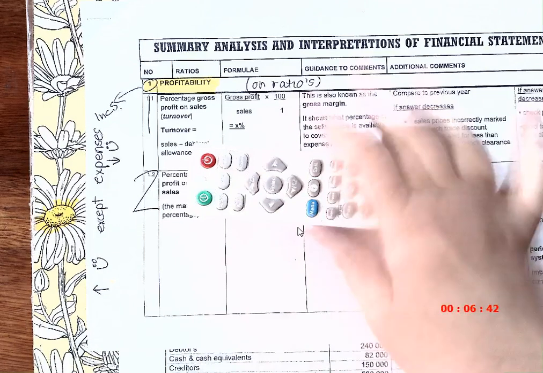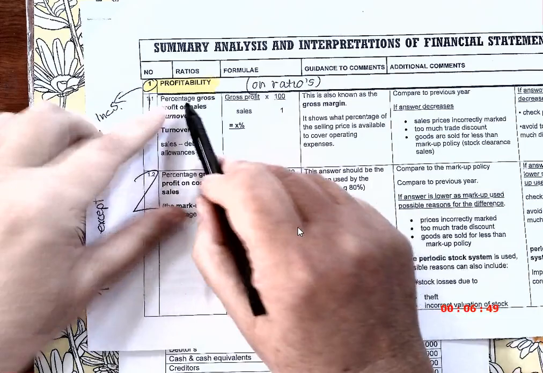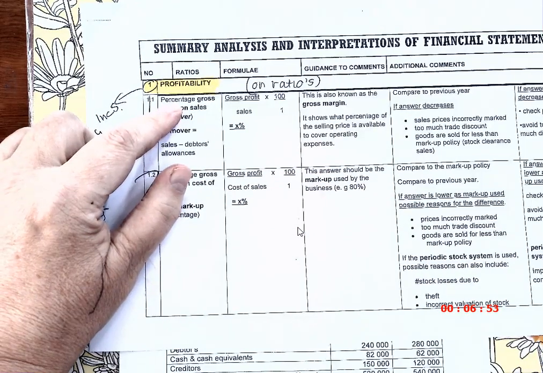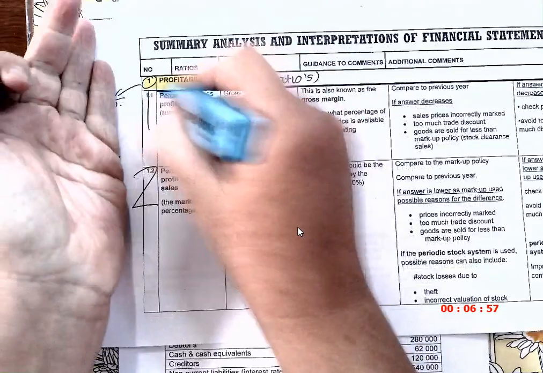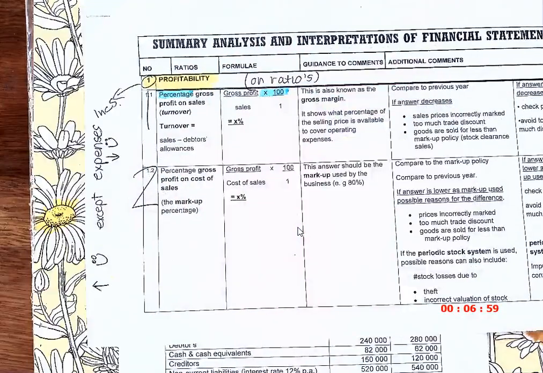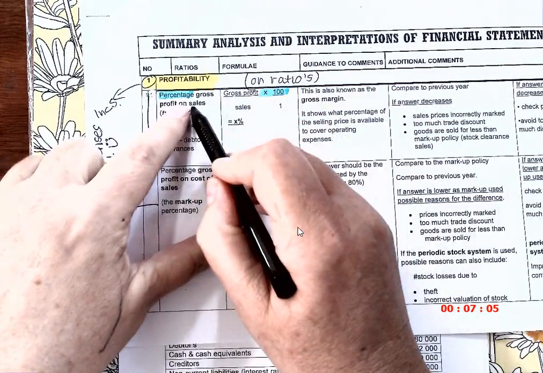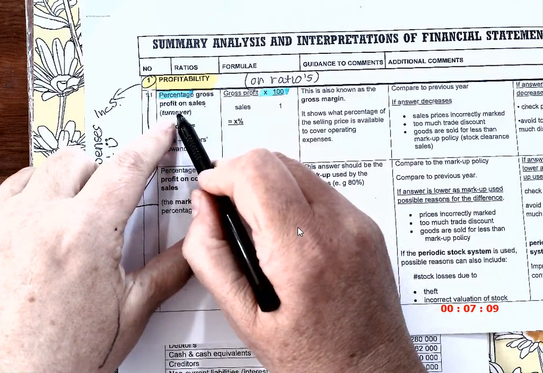So when I read this transaction, it actually tells you the ratio. It says percentage, and because they use the word percentage, I know I'm going to times by 100. Duh. Okay. Now, gross profit on sales. They can also say gross profit on turnover.